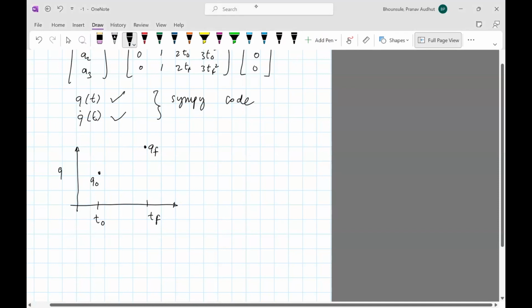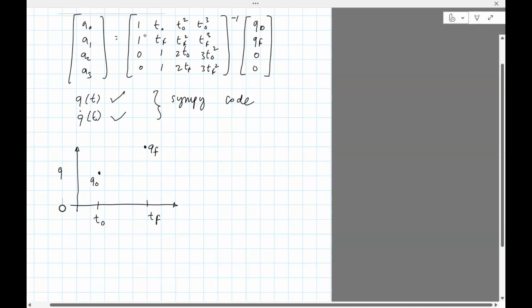But with this kind of an approach where the velocity is also important, we'll see that the curve will look something like this.